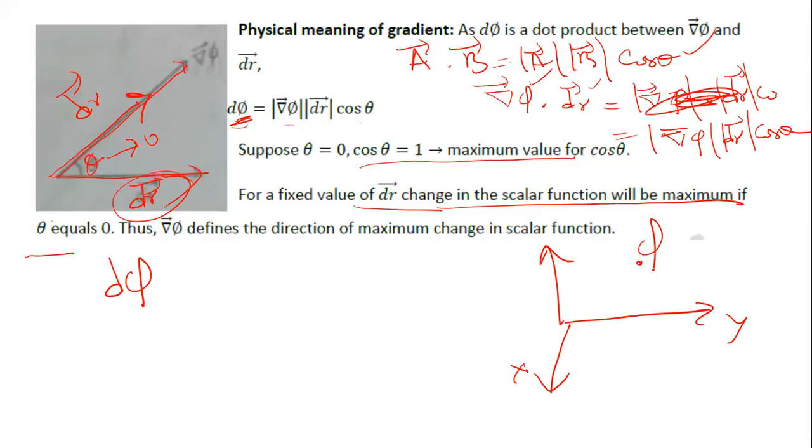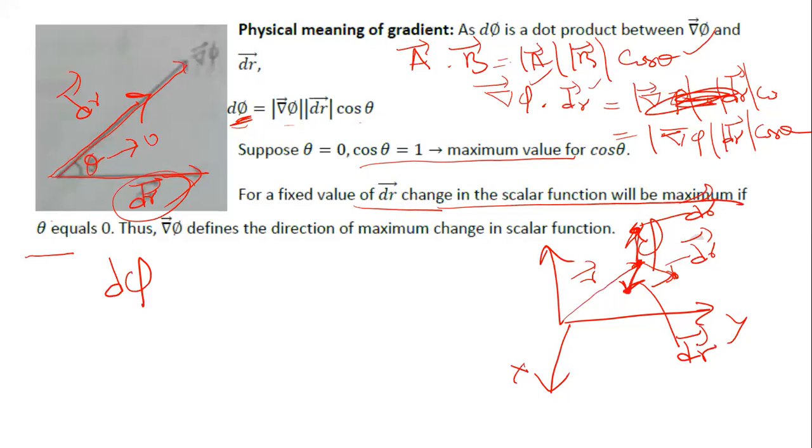You have a certain scalar function phi here, and you can move from one point in space to another like this dr. You can choose your dr along this direction. You can move to another point here, or from here you can even move up, so your dr vector is like this, or you can move down from this position to this position, so your dr vector will be something like this.